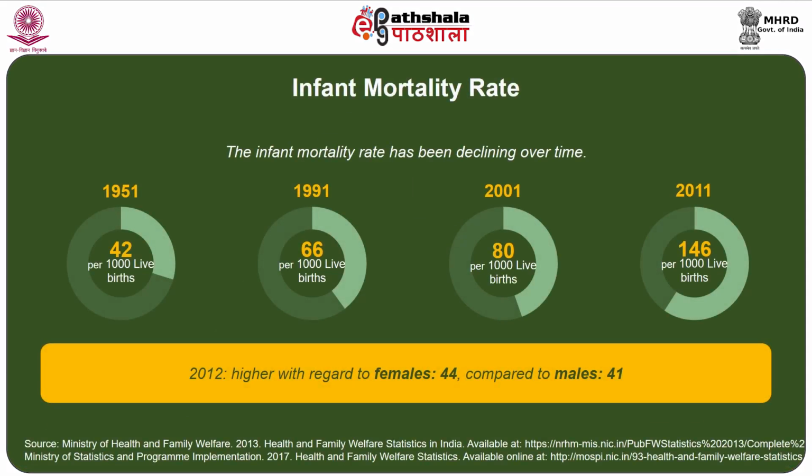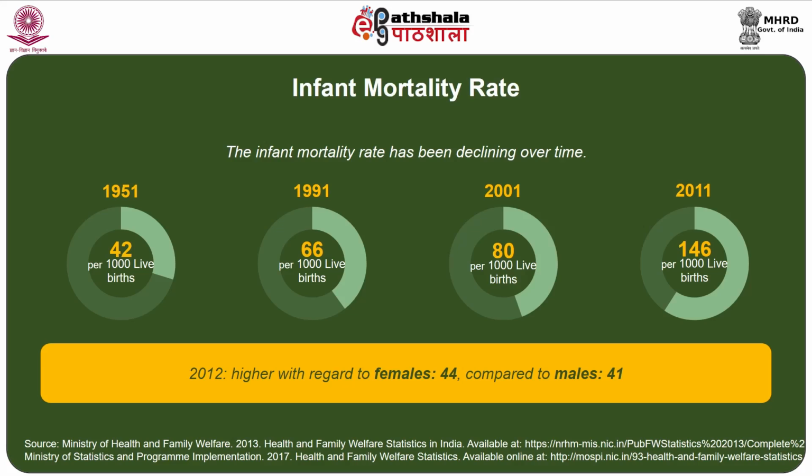So if we look at the infant mortality rate, it was as high as 146 in 1951, which has come down steadily to as low as 42 per 1000 live births in 2012. Though it is a very significant number, further reduction is important, where efforts have to be made so that infant mortality further comes down.